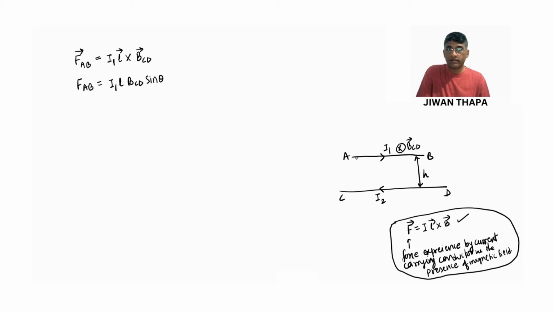Now what we find? We need to find the angle between the current element and the magnetic field. For that, let us take a small elementary length of wire AB. This is called the current element.